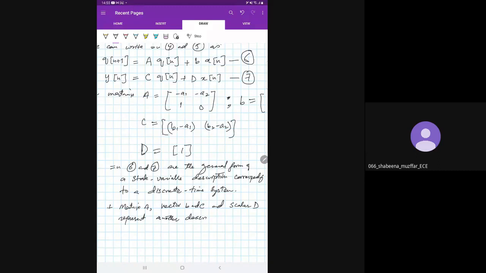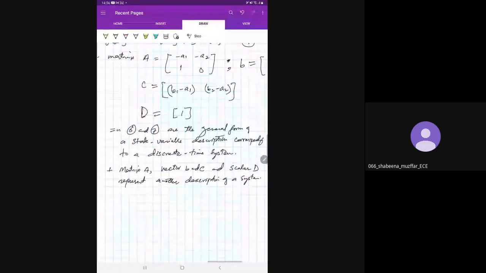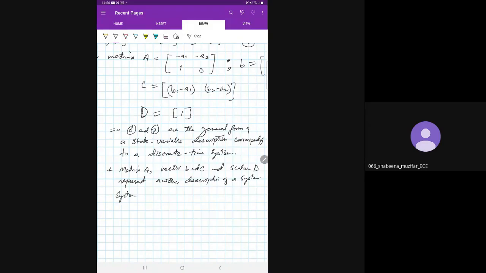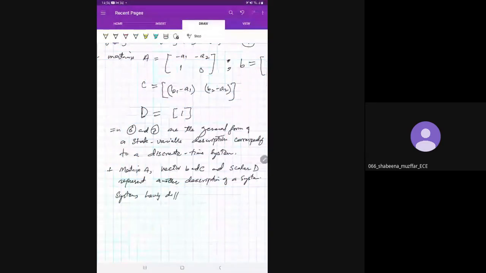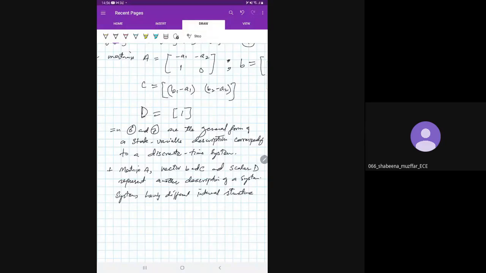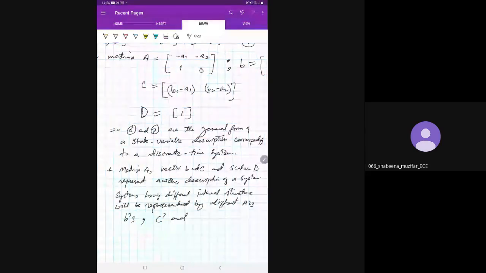Systems having different internal structure will be represented by different A's, B's, C's and D's.